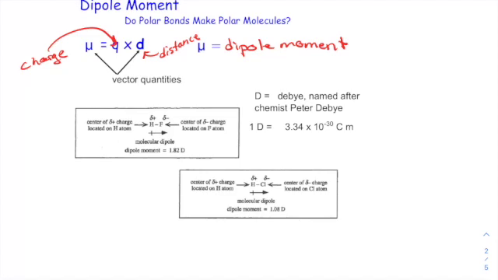And a dipole is a measurable quantity. And they're measured in debyes, named after the guy who figured some stuff out.